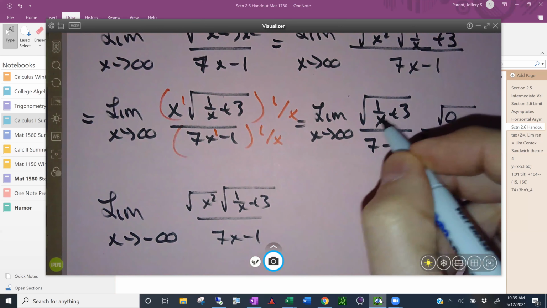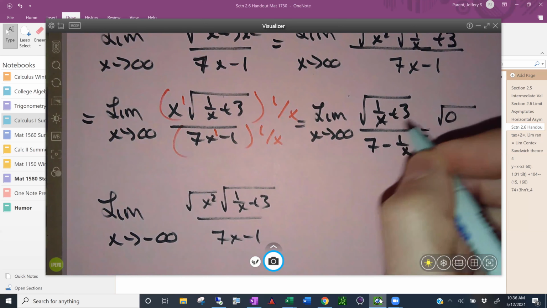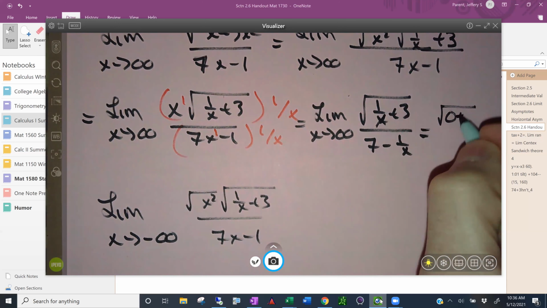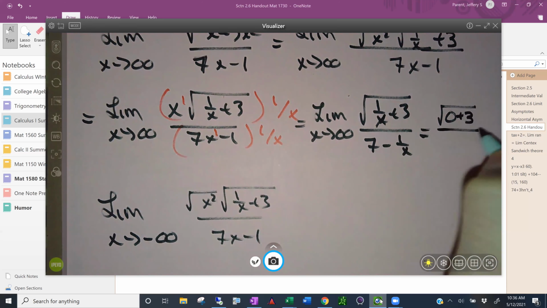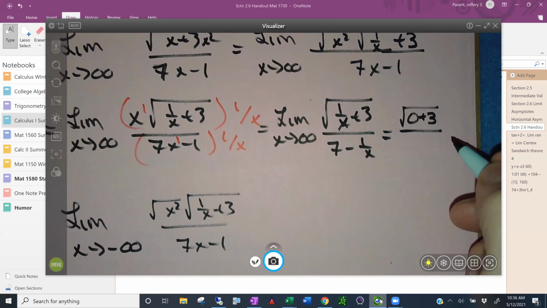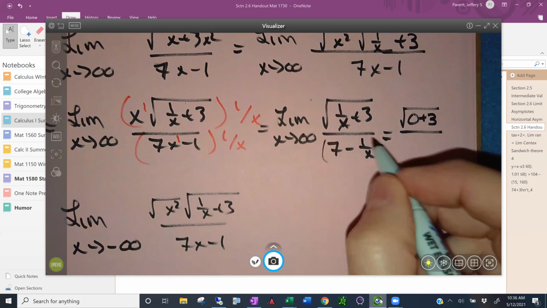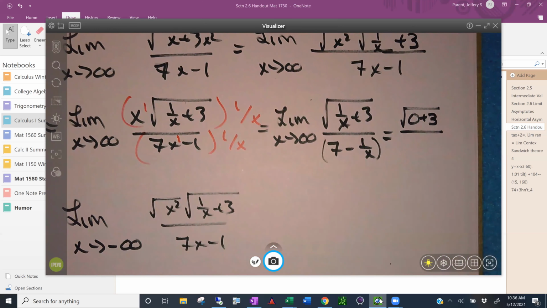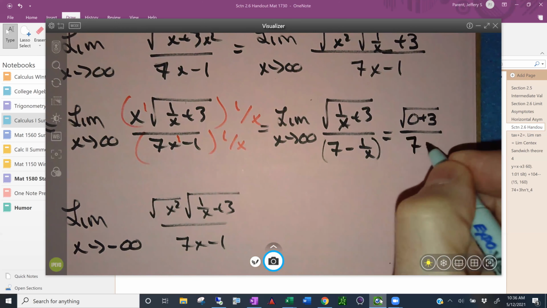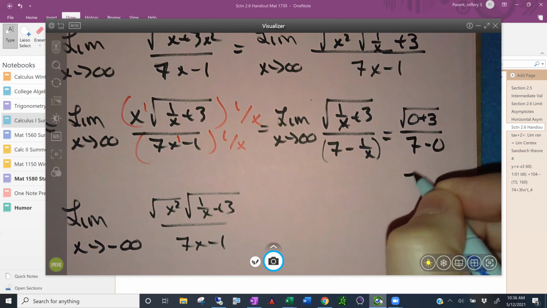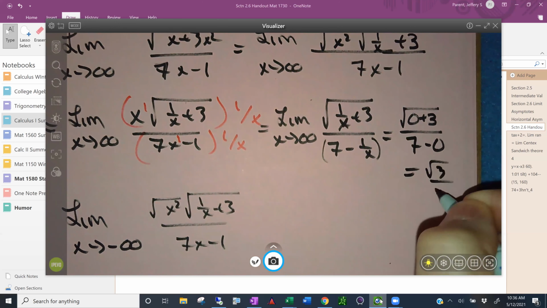What happens to the 3 term as x goes to infinity? That's still just 3. How about in the denominator? What's this limit in the denominator? 7. 7 minus 0. So overall, you get the square root of 3 over 7.